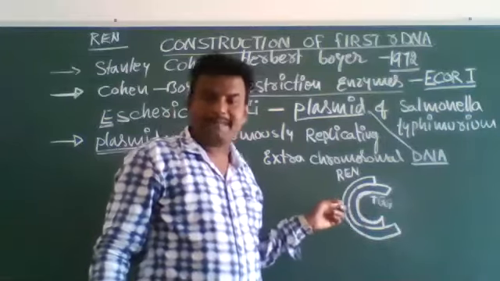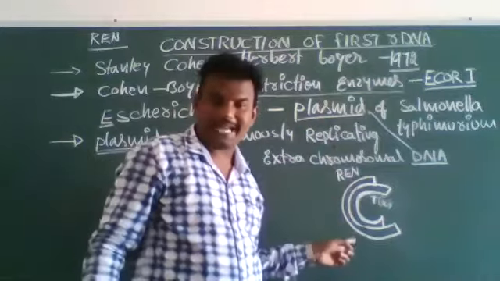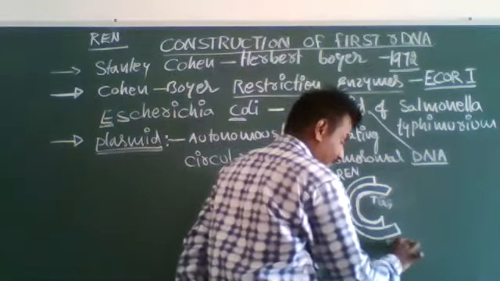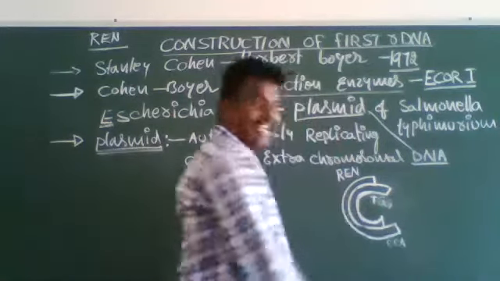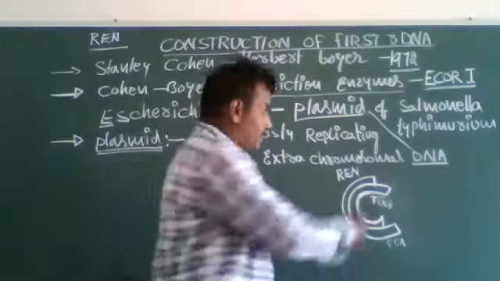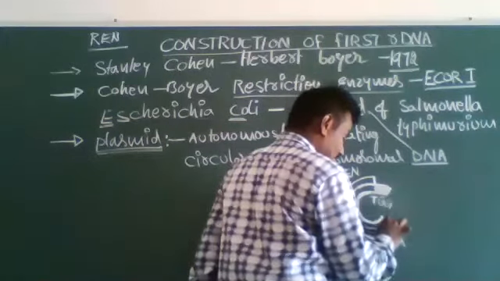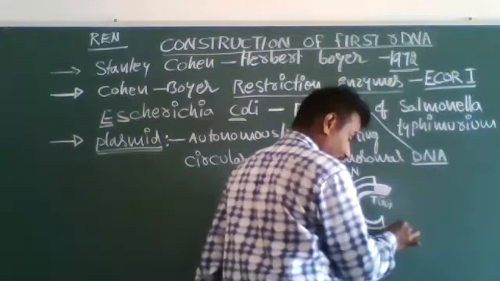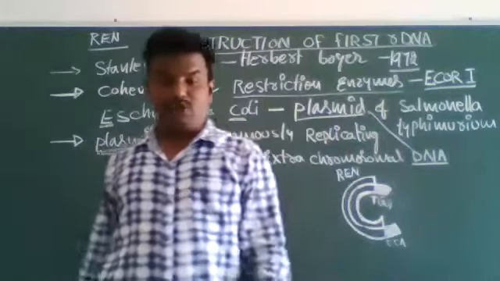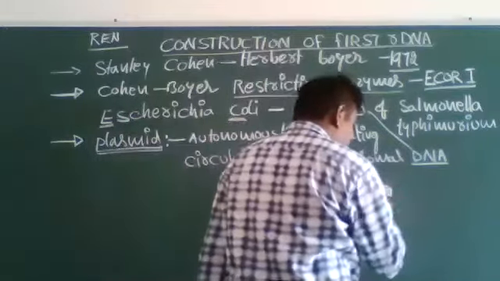This plasmid DNA is cut with the help of EcoR1, leaving the nitrogenous bases complementary, like this.